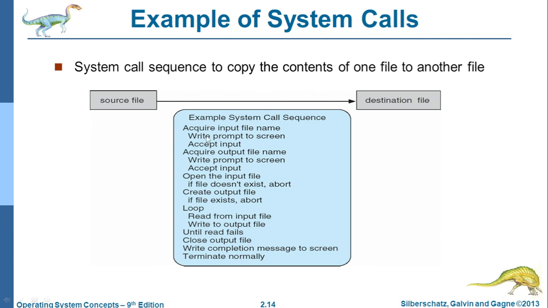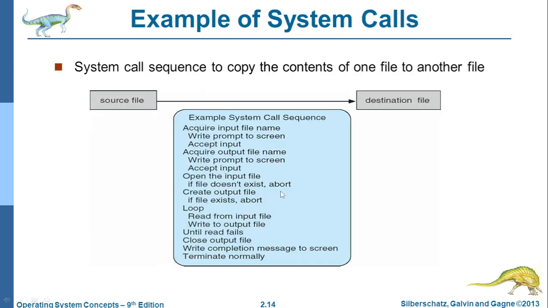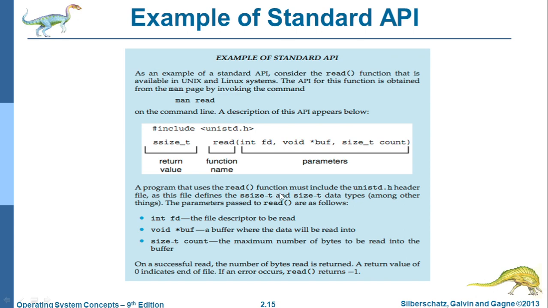Suppose we try to give the input of a file name. So we write a prompt to the screen. Then we accept input, meaning we type the file name on the screen, and the operating system accepts the input, right? This is the basic structure of system calls. This is like programming, right? Okay.